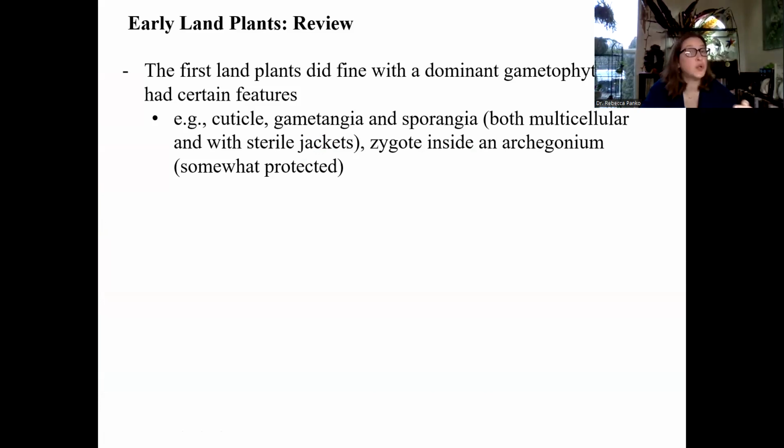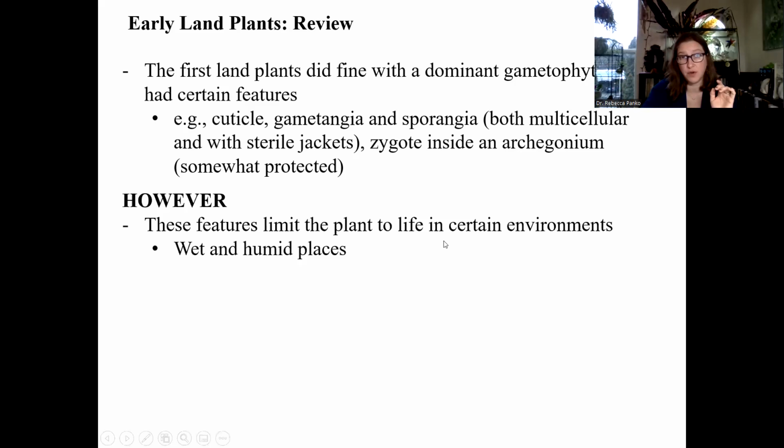As long as they had a cuticle, as long as they had gamete producing structures and spore producing structures, that's the gametangia and sporangia, that were multicellular and with a layer of protection with that sterile jacket. And as long as that zygote stayed inside of an archegonium and was somewhat protected, land plants such as mosses, liverworts, and hornworts did just fine with a dominant gametophyte generation.